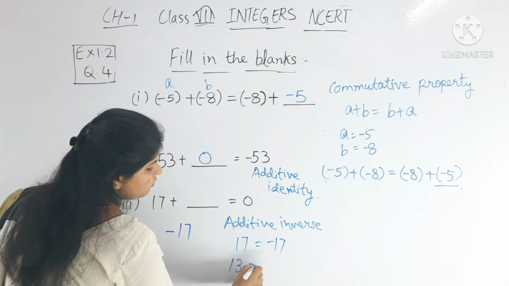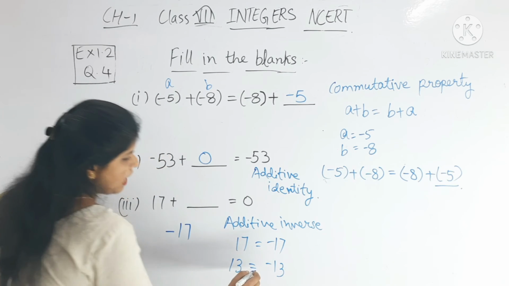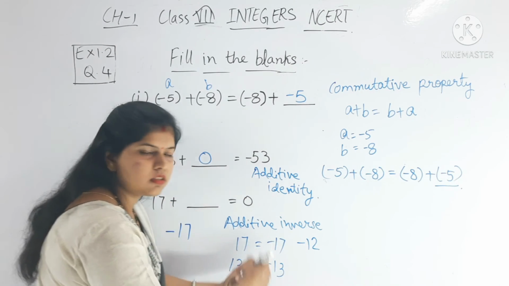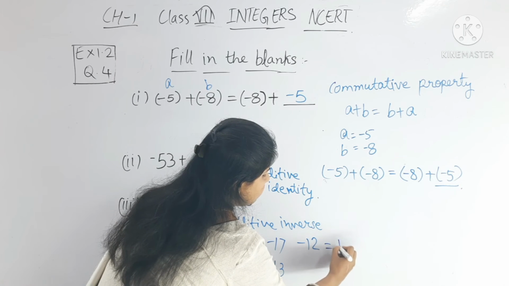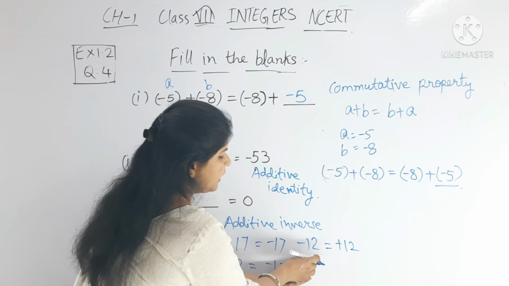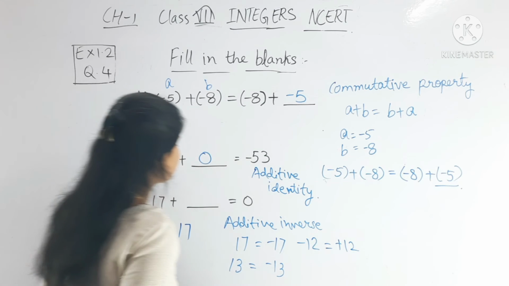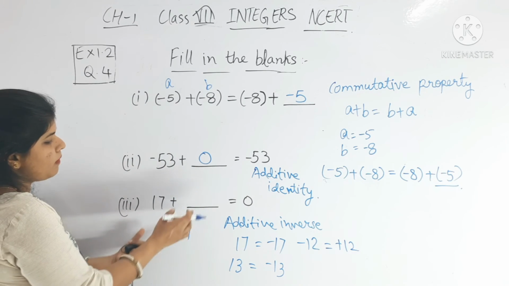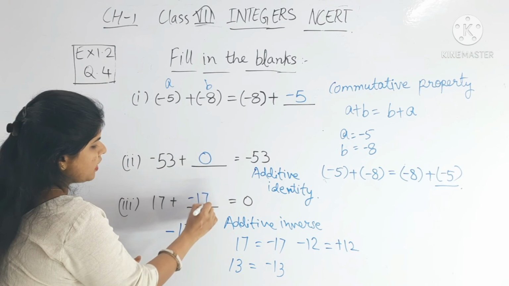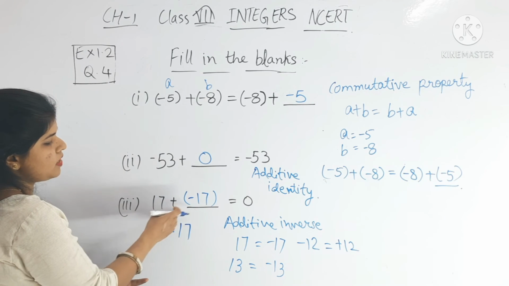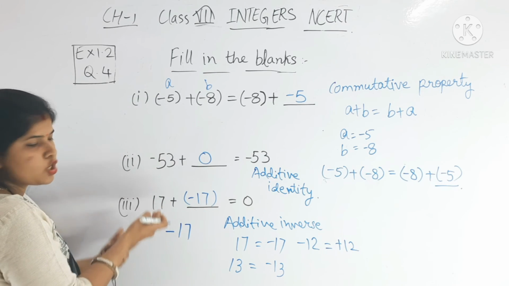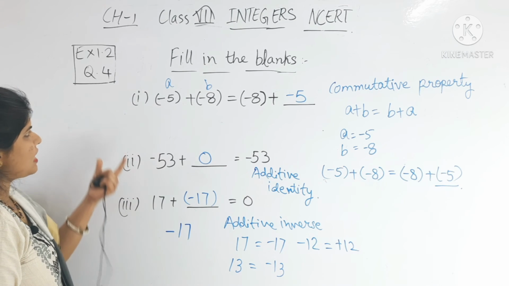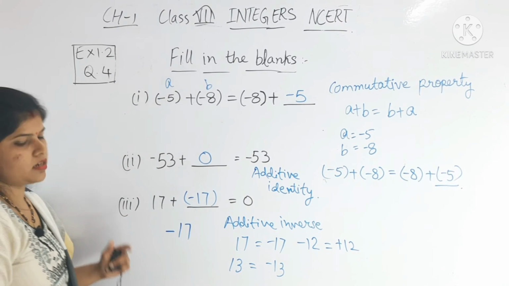If it is 13, we will get minus 13. If we have minus 12, just the opposite sign, that is the inverse of addition, we will get plus 12. So here it is plus 17, so by the additive inverse we will get minus 17. So 17 plus minus 17, plus minus is minus, so the same number subtraction, I will get 0. That's the first, second and third part.